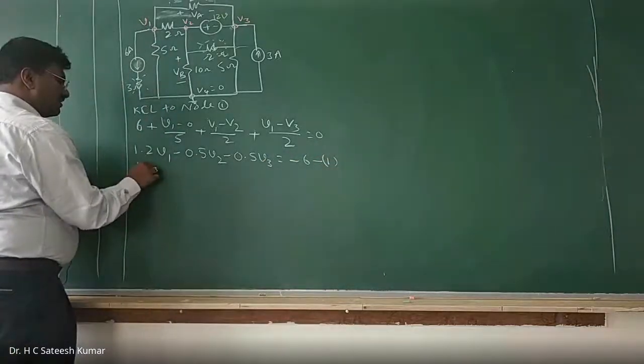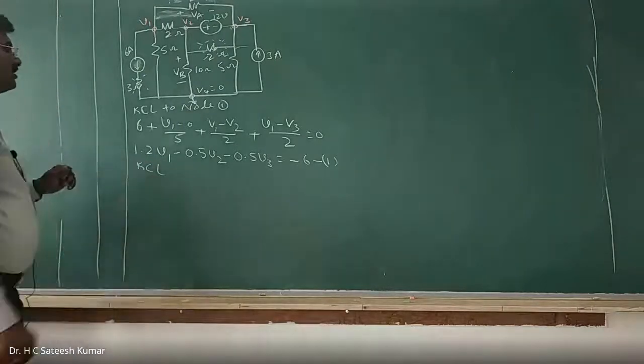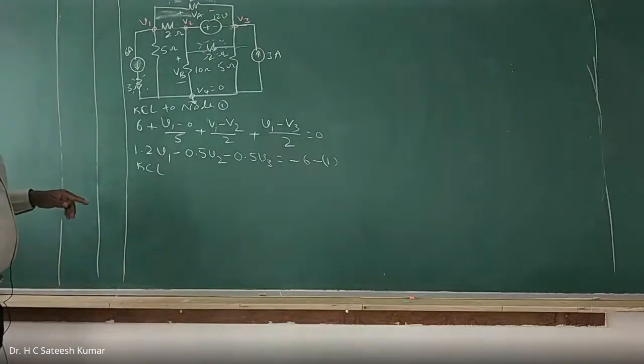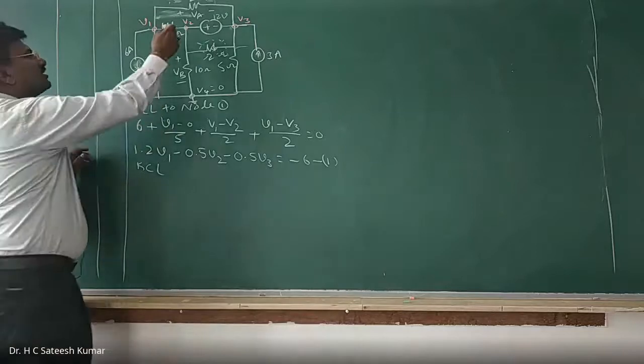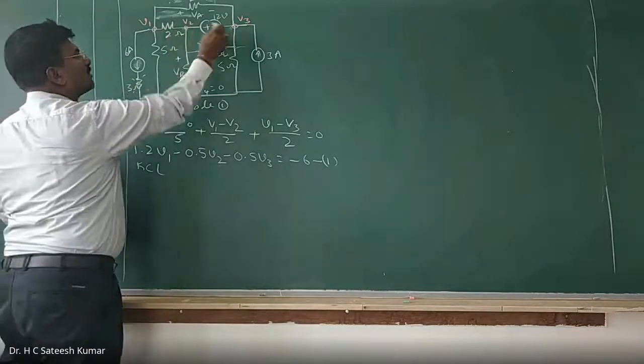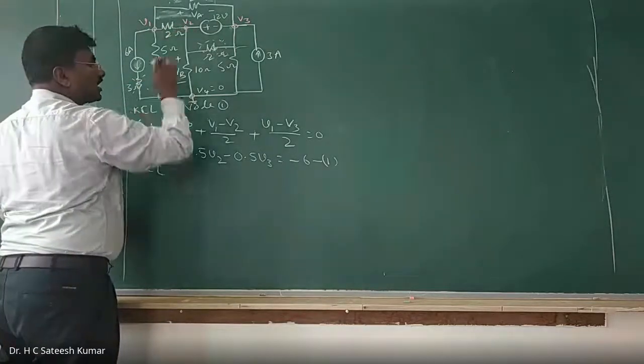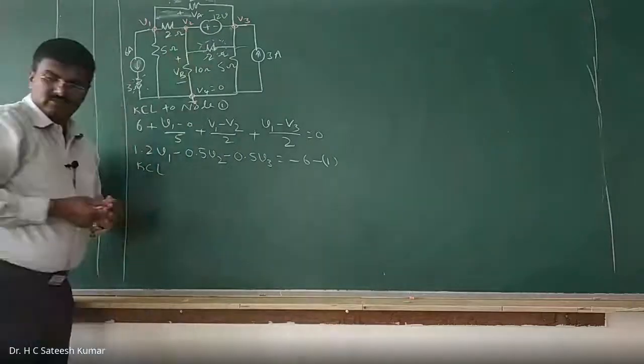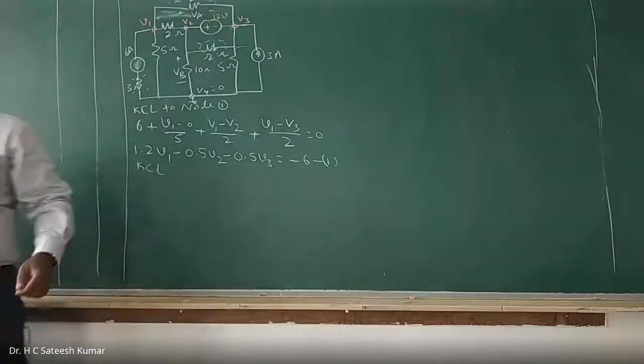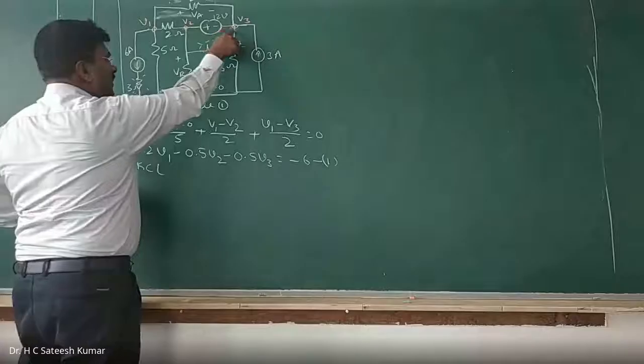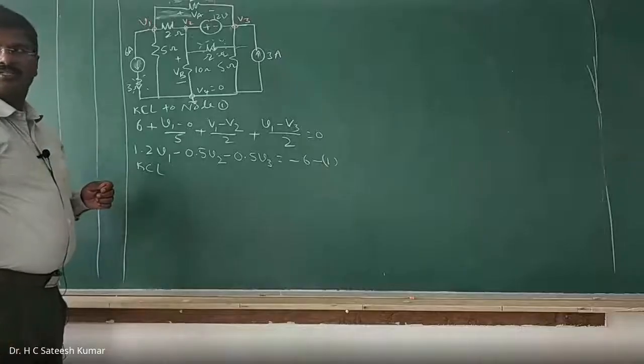Next, I want to apply KCL to node 2. This one we can do, but what about this one? Now we cannot apply the KCL directly. Whenever there is a voltage source without any series resistance between two nodes, you cannot apply the KCL to that node directly.